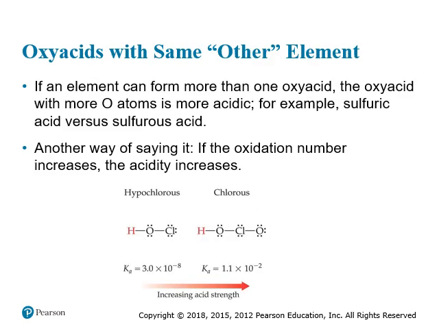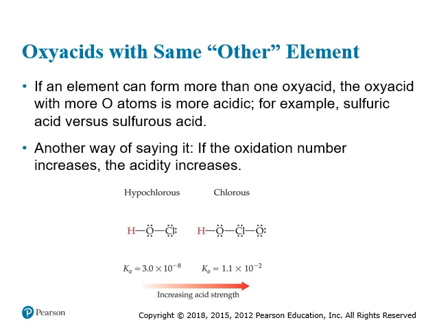Now, if we have an element that can form multiple oxyacids, then the oxyacid with more oxygen atoms tends to be more acidic. We can compare sulfuric acid with sulfurous acid, H2SO4 with H2SO3.